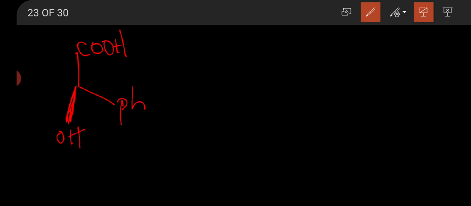That is COOH, Ph presented in plane, and the OH bond is the wedge bond, and the dash bond is the hydrogen bond.